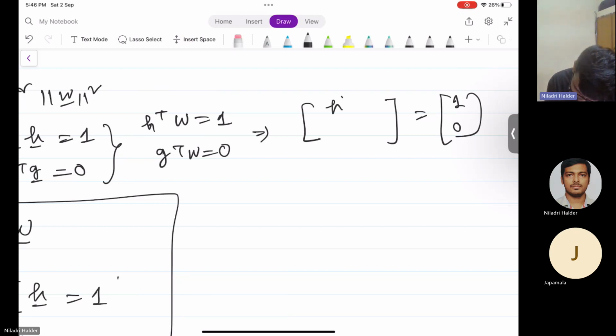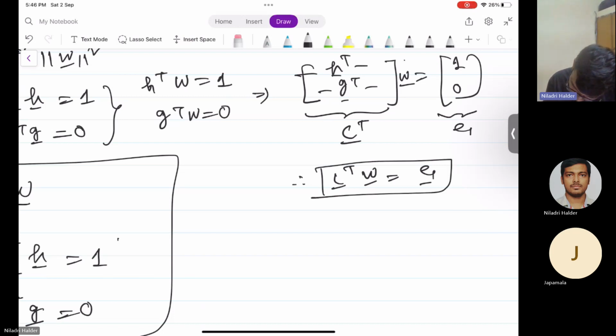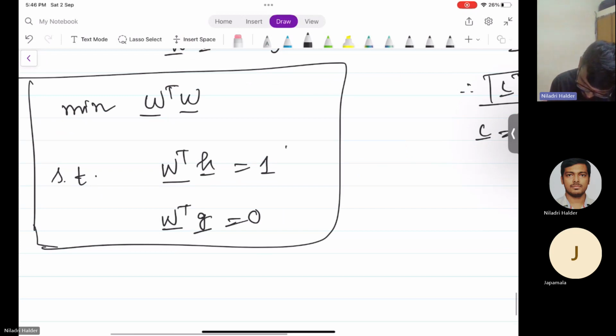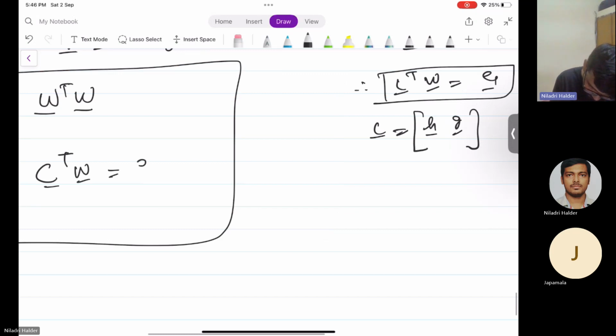This can be written as C transpose W equal to E1 vector, where C is equal to H and G. So these two constraints can be written as C transpose W equal to E1.